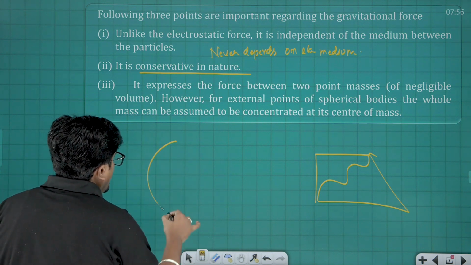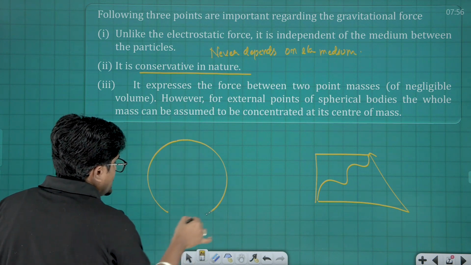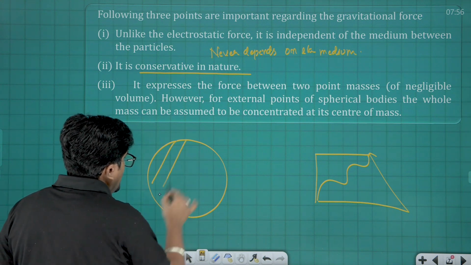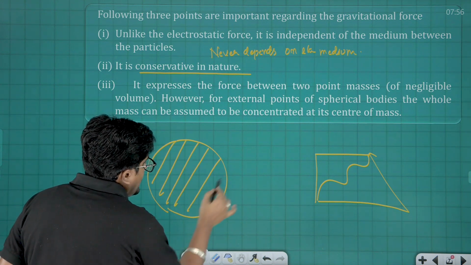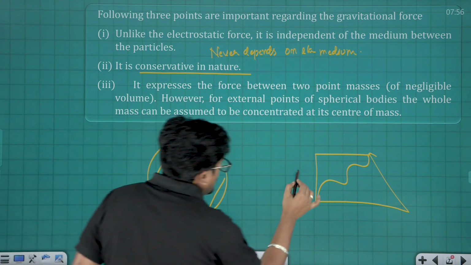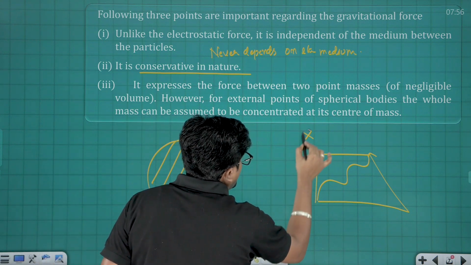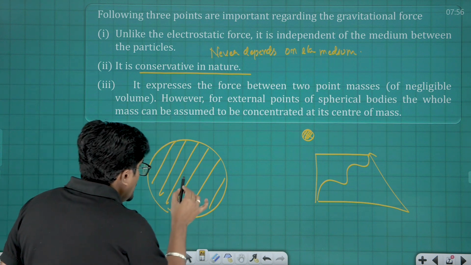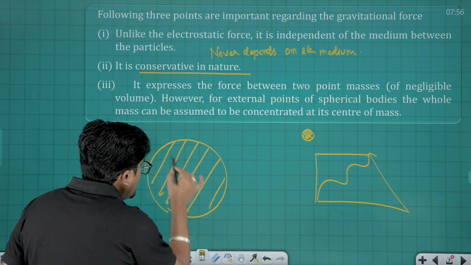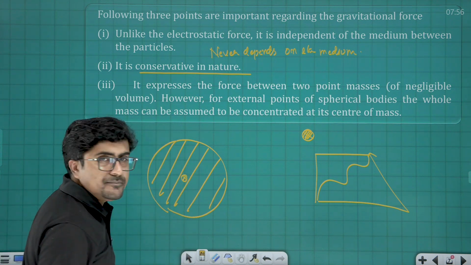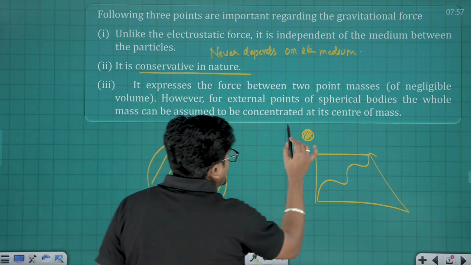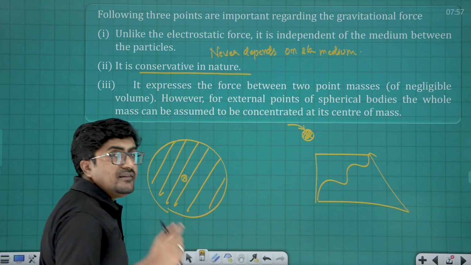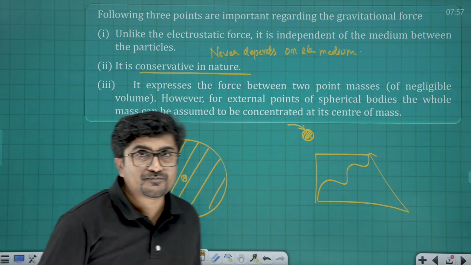Whenever you are having a spherical structure like this, and you want to find out the gravitational force of attraction between another mass kept here, you can assume the entire mass of the sphere to be concentrated at its center, and the entire mass of the second sphere concentrated at its center. Now you can treat these two as 2-point masses.